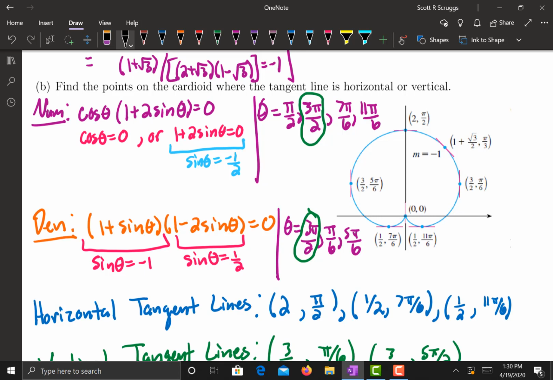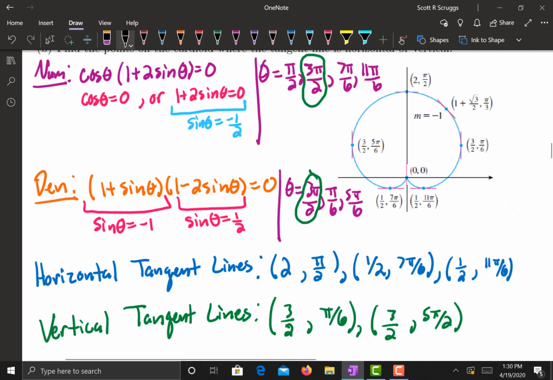First, I'm going to determine what makes my numerator and denominators equal to 0. I'm then going to check if there's any intersection of those values. For the values that do not intersect, I can go ahead and deduce where my horizontal and vertical tangent lines are.